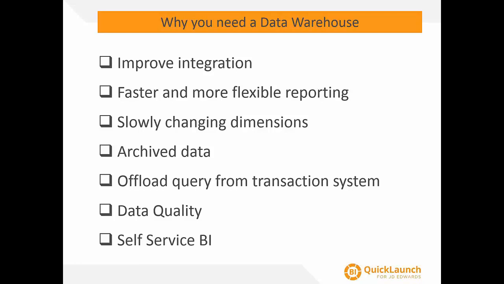Slowly changing dimensions. If you're not familiar with what slowly changing dimensions are, typically they're how one dimension or something in your source system may be categorized. For instance, let's take a look at a sales rep. Today you might have a sales force of, let's say, 10 people, scattered across 3 different regions.